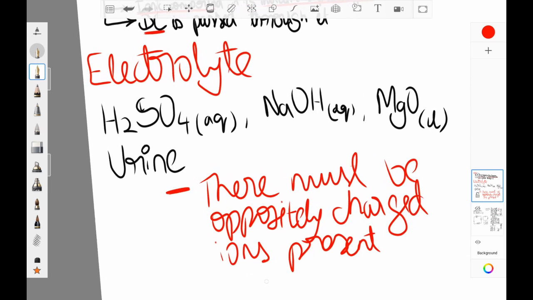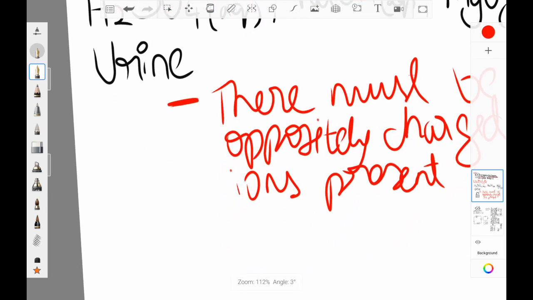From the examples, you can see that H2SO4 contains cations from the hydrogen ions, and also sulfate ions, which are the anions. The same can be said about sodium hydroxide, magnesium oxide, and all other electrolytes. This is the first condition.